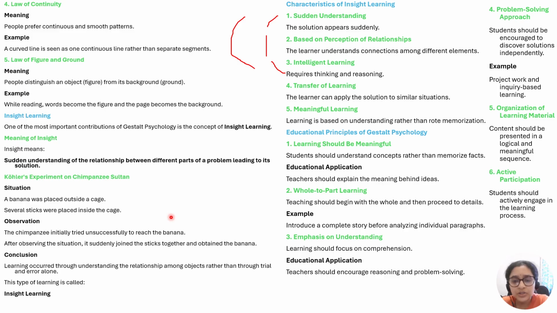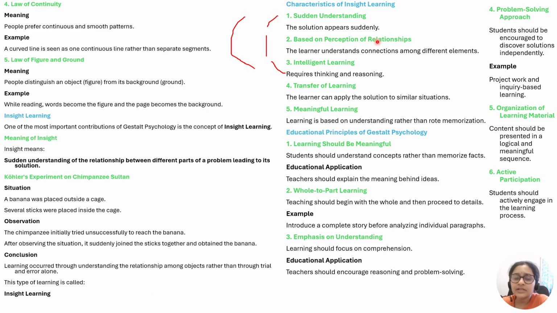So it understood the relationship between the sticks and the banana. That is what is called insight learning: learning through understanding the relationships rather than trial and error.